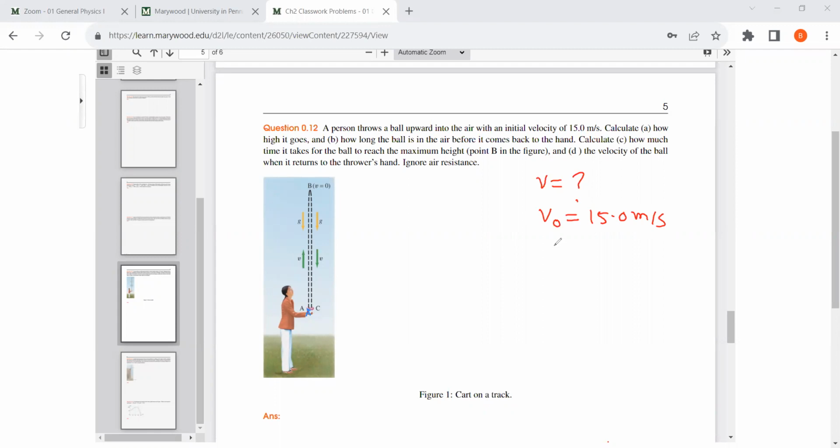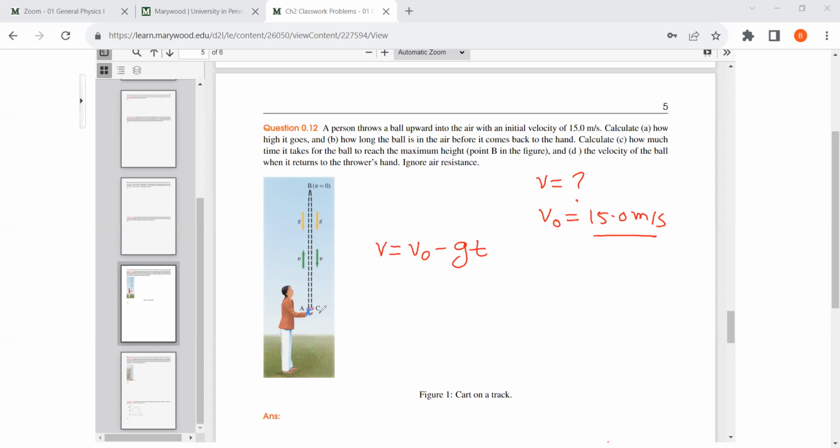So again, there are several ways to solve this problem. I will be using this equation, v equal to v0 minus gt. Here v0 is 15 meter per second, that is the initial velocity. But what is the t?